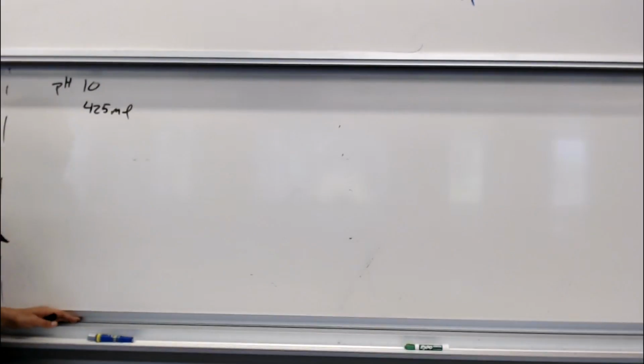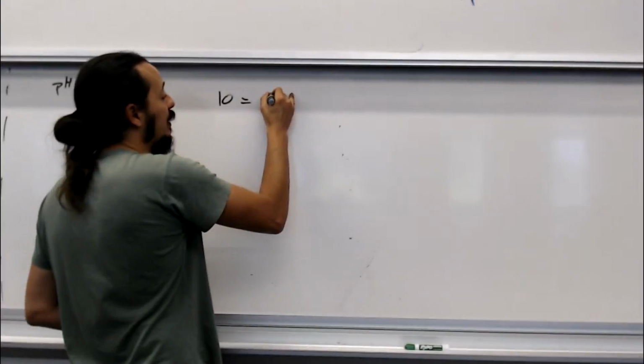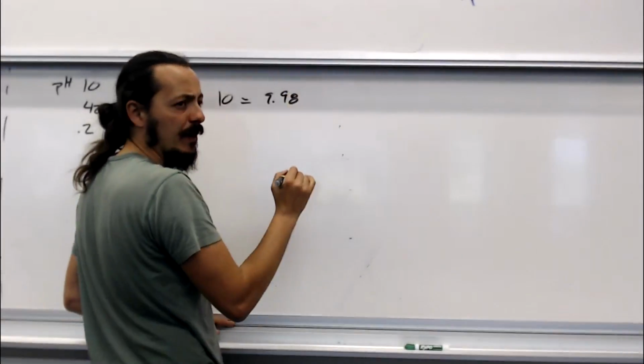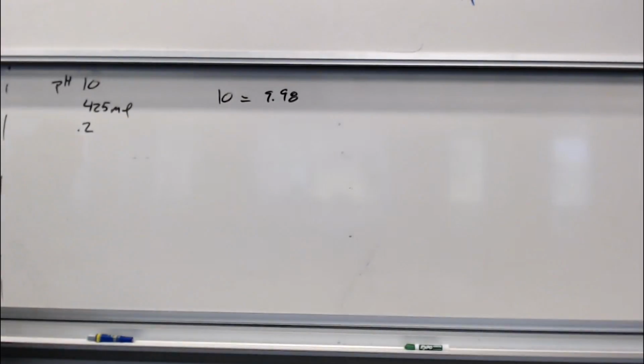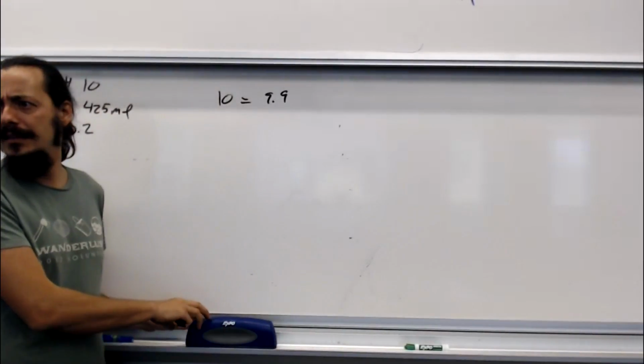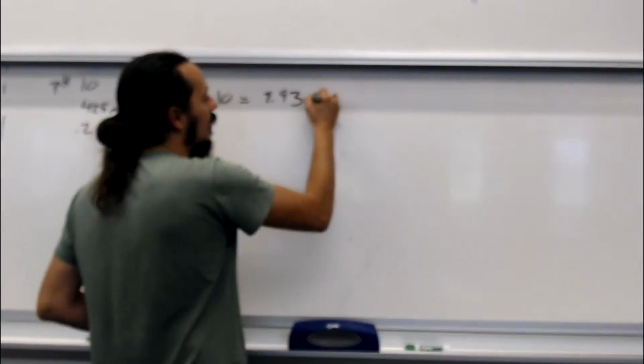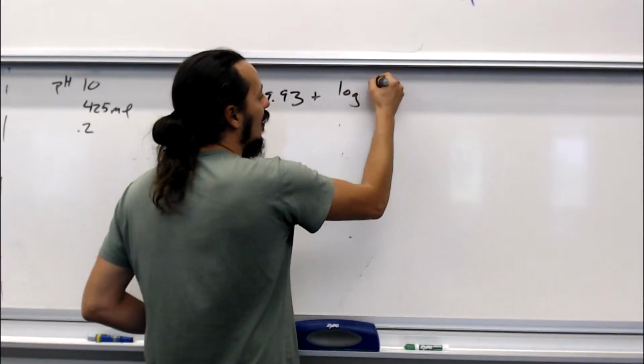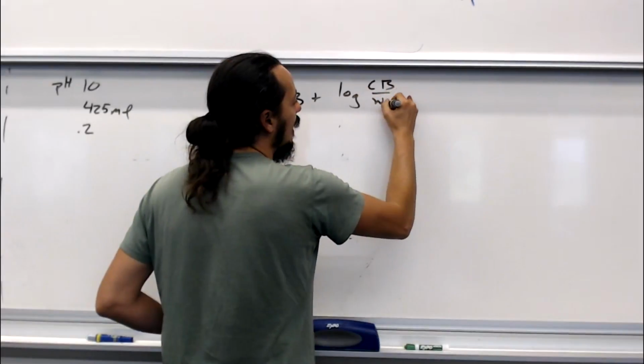What is your target concentration? 0.2. Really almost the same as what we just did, right? We're going to have 10 equals 9.93, the pKa, I can't remember if it's 98 or 93. 93 plus log conjugate base over weak acid.